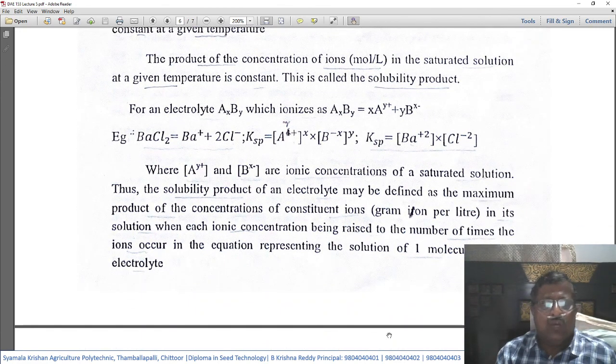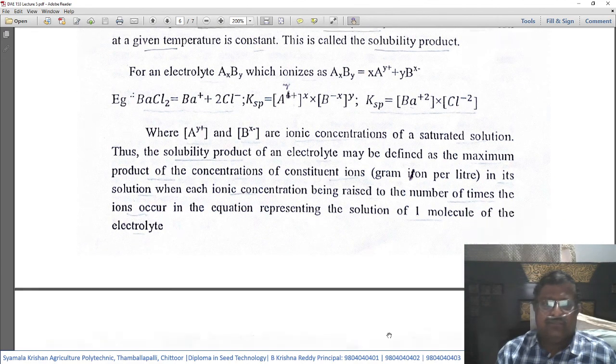Thus, the solubility product of an electrolyte may be defined as the maximum product of the concentration of the constituent ions, that is gram ions per liter, in its solution, with each ionic concentration raised to the number of times the ion occurs in the equation representing the dissociation of one molecule of the electrolyte.